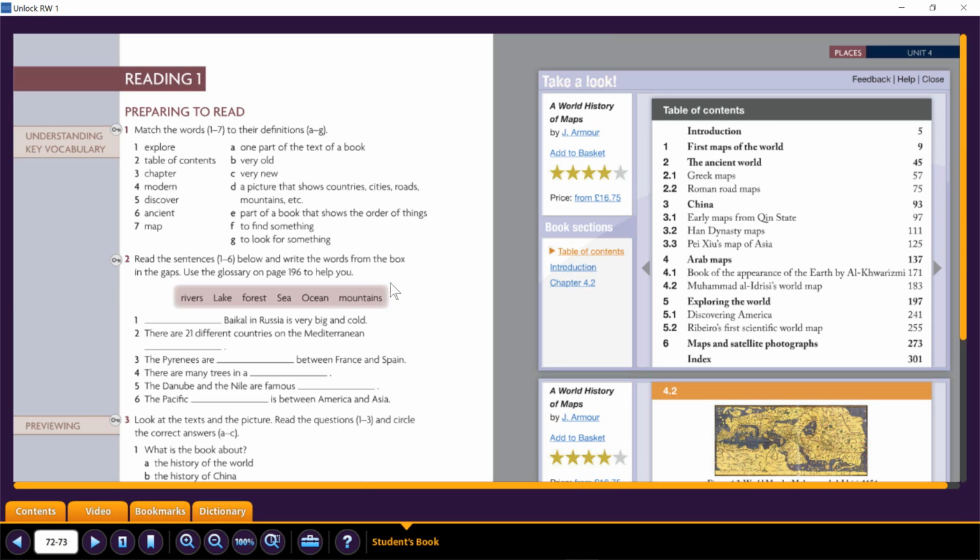And we already knew the meaning of mountains, like the Green Mountain here in Abha. We knew the meaning of sea, of course, sea like the Red Sea. Here we may have some new vocabularies. Do you know the meaning of ocean, forest, lake, and rivers?